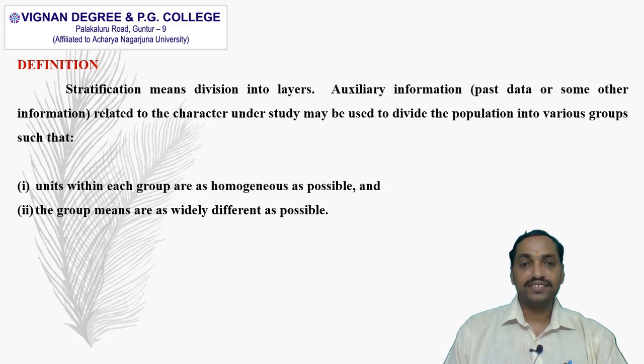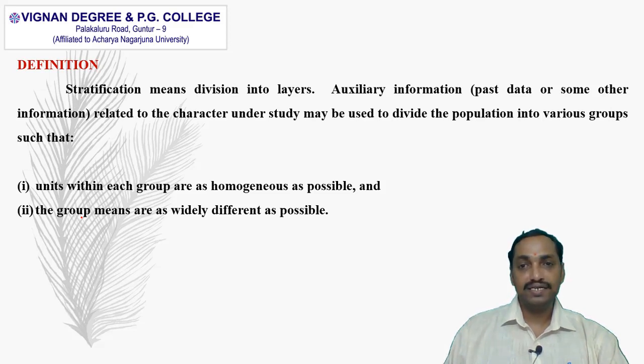So here the stratification means a division into layers, that is we need to divide the population into several subgroups or several layers, and from those layers or subgroups we need to select the samples.